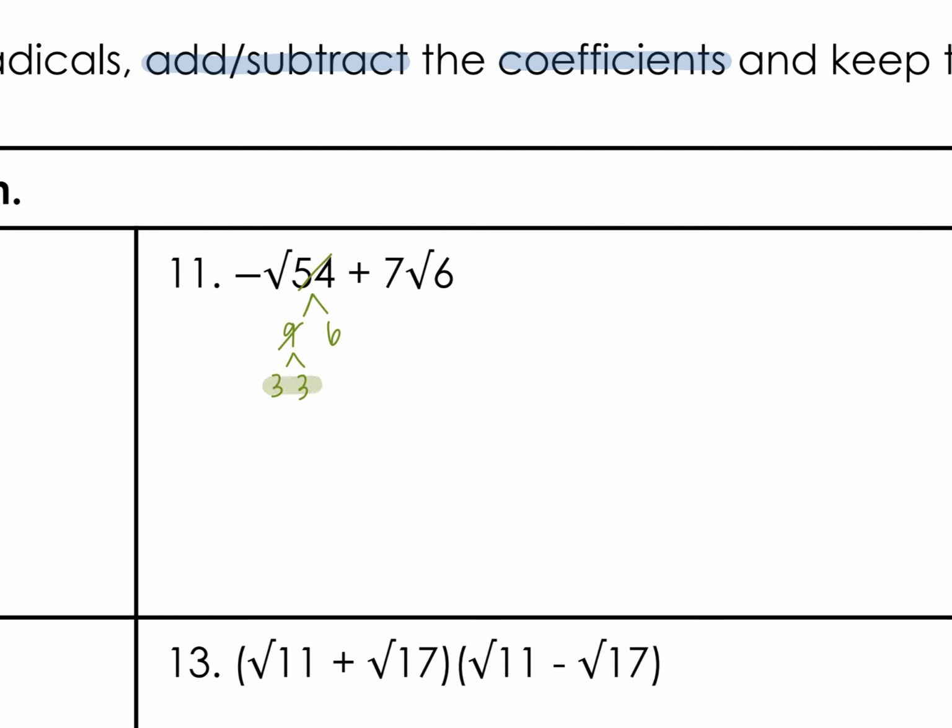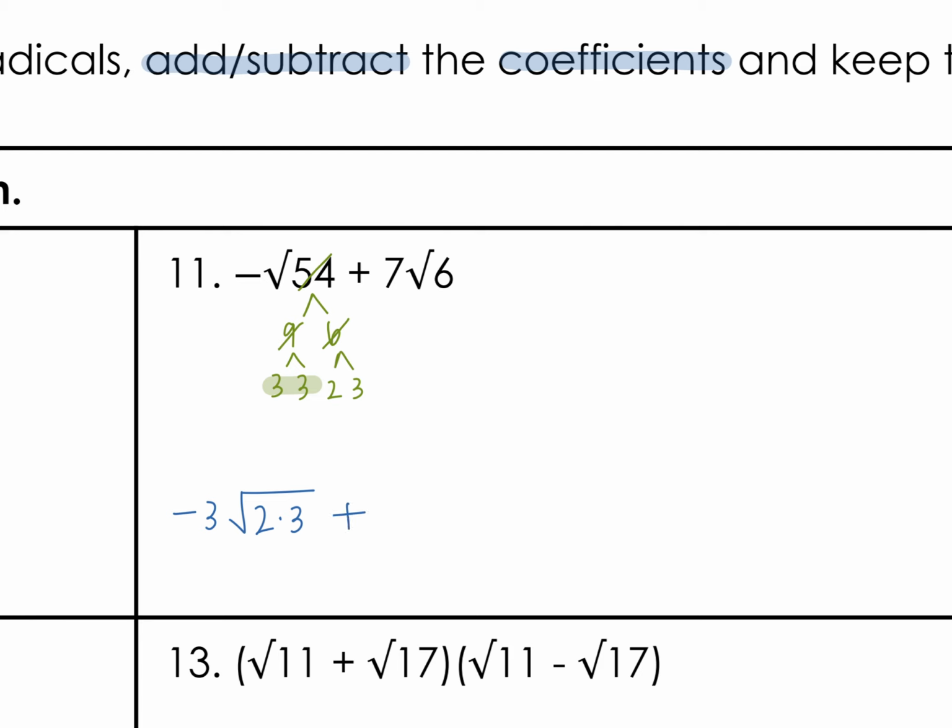And then my 6 can be factored into 2 times 3. Okay, so I already went ahead and highlighted my pairs, so I'm going to pull them out. I've got that -3. It's already negative in front. And then we'll multiply that 2 and 3 back together to get that 6.